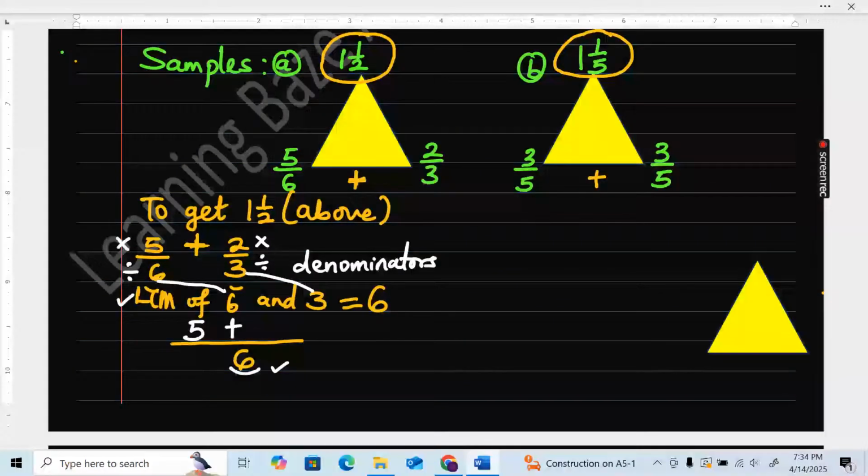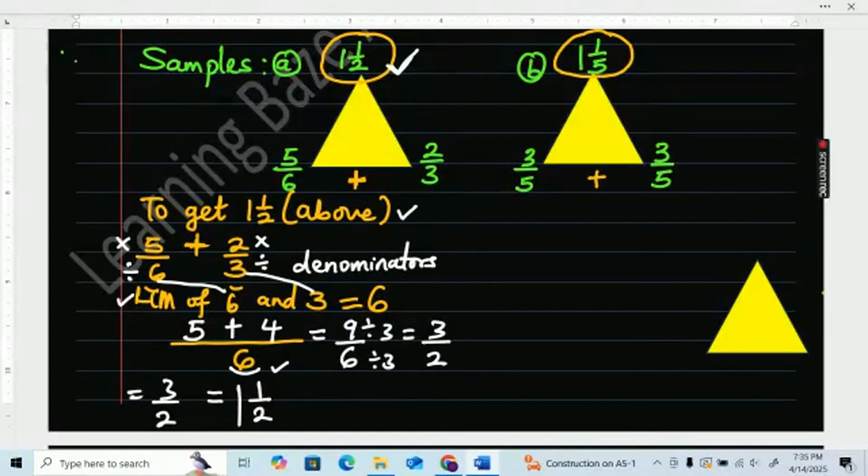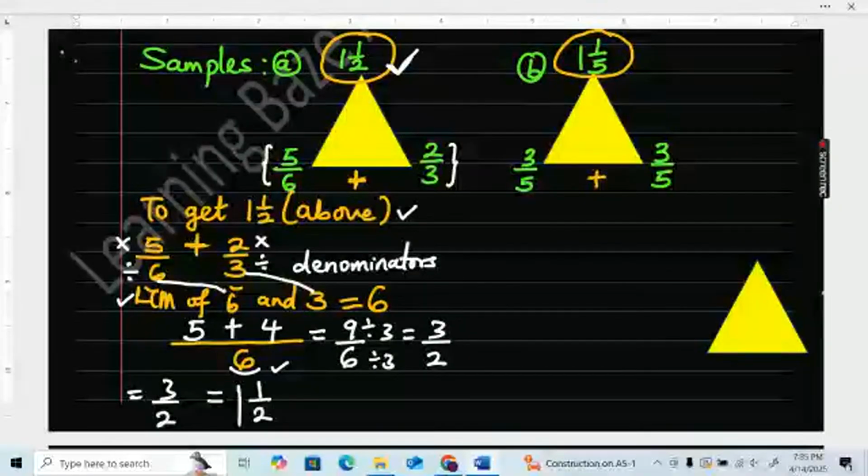Then 2 times the 2 above gives us 4. So 5 plus 4 is 9. Then let us reduce it to the lowest term. We can divide by 3. So 9 divided by 3 gives us 3, and 6 divided by 3 gives us 2. That is the number above, gotten by adding the fractions at the lower part of the triangle.